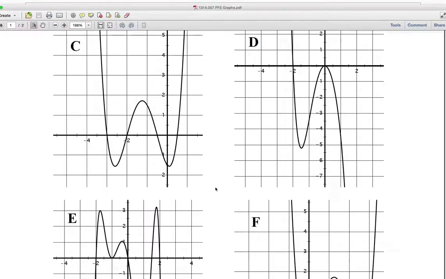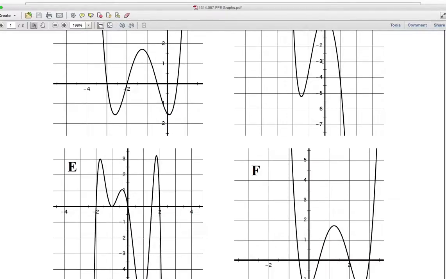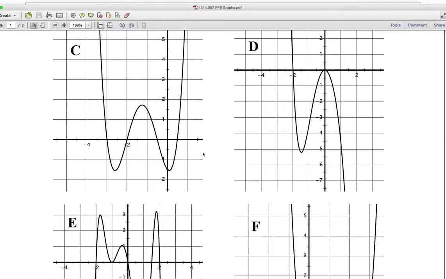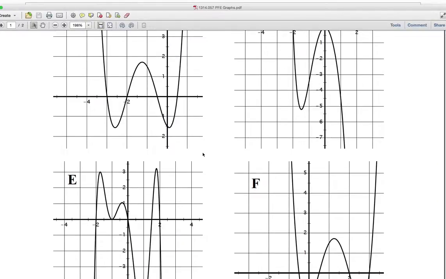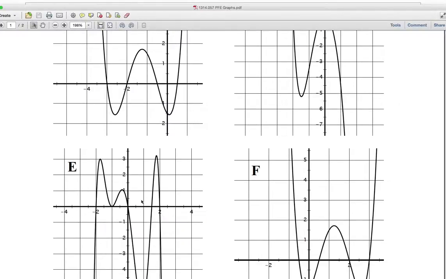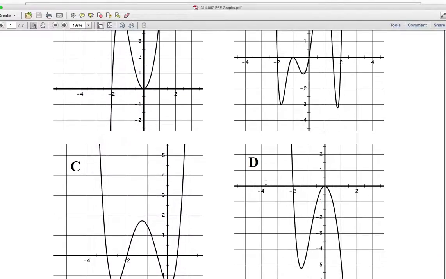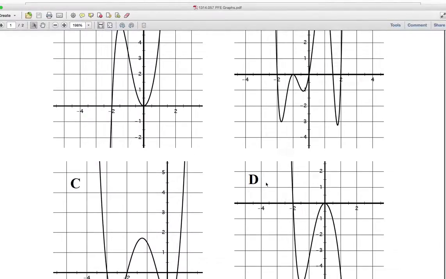It has 4. D does. D crosses the graph at -2 and 0. So we have as choices A and D so far. E has more zeros and F has more zeros. So now we look at A and D to decide which will be the matching graph.